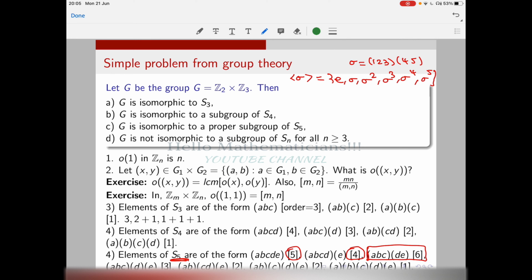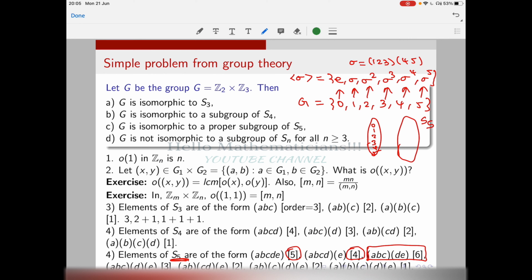Now we look at G. We saw that it is isomorphic to Z6. So in Z6 the elements are 0, 1, 2, 3, 4, 5. So basically you can map it like this. So what happens is, you have S5 here. We have our G, which is 0, 1, 2, 3, 4, 5.